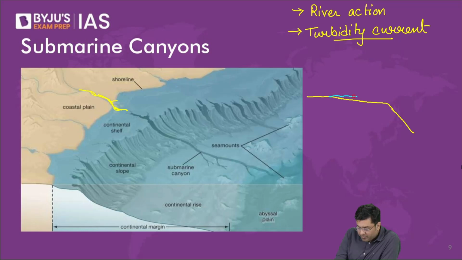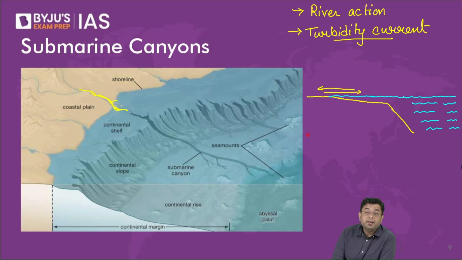So here, let's suppose you have the land, and then you have the slope. Let's suppose you have the presence of a water body here.